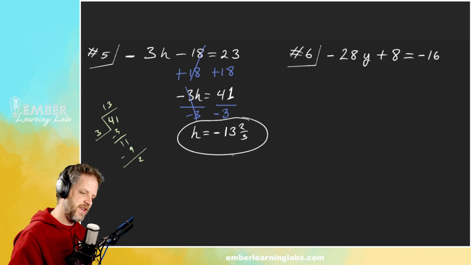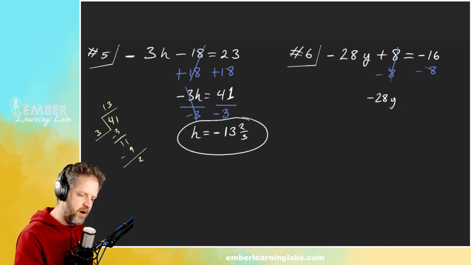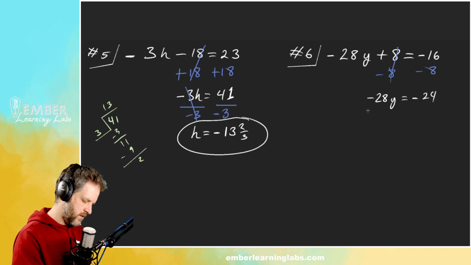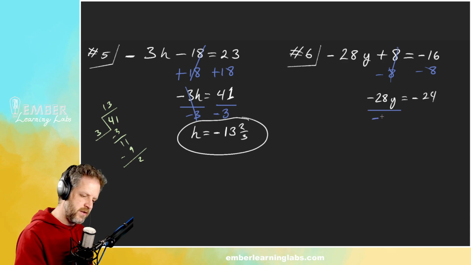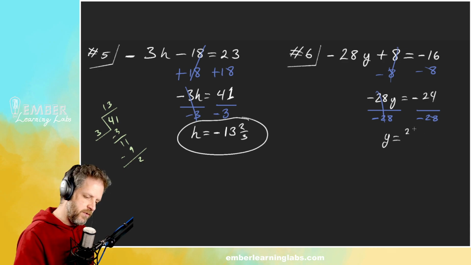Yeah. Okay. Yep. Oh, we would have subtracted 8 and gotten -28y equals -24. And then we would have divided by -28, and gotten y equals positive 24/28.